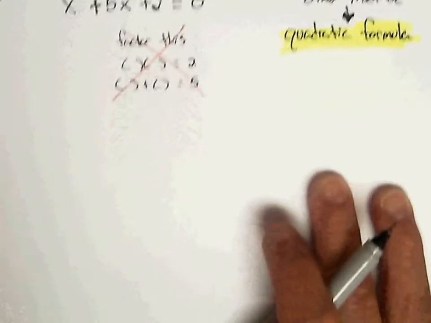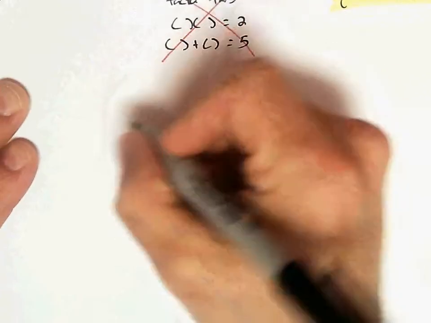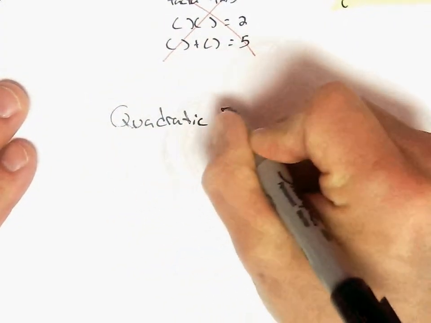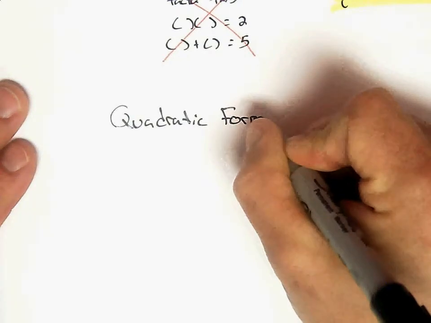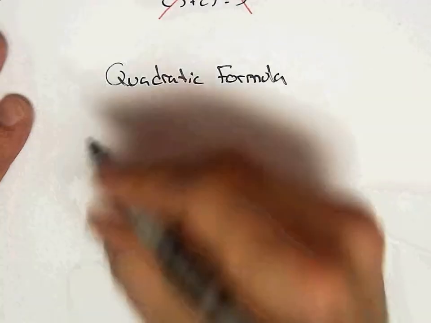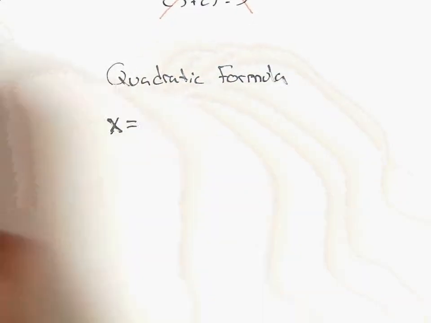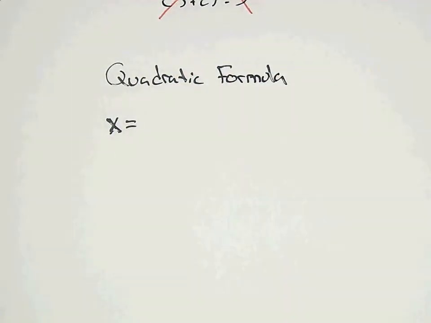The quadratic formula looks like this. x equals, so it starts off with x equals because, again, what we're looking for is the x values that make the equation equal to 0. We're looking for the x-intercepts, the solutions.